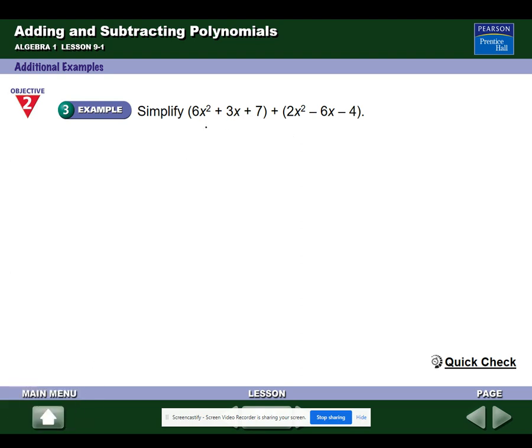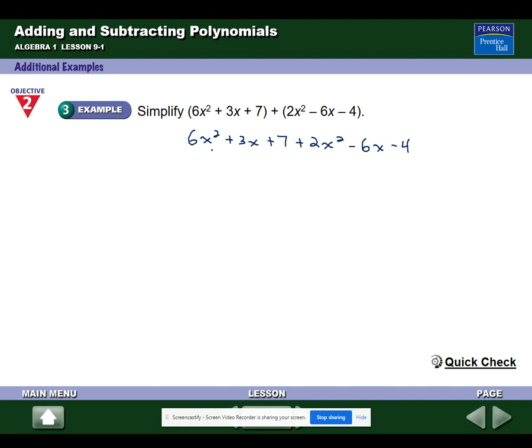When you're adding things, the parentheses are not necessary, so I can go ahead and just rewrite this, but I can leave the parentheses out. 6x squared plus 3x plus 7 plus 2x squared minus 6x minus 4. Because it's addition, I can just remove parentheses. Nothing changes when I add a quantity in parentheses.